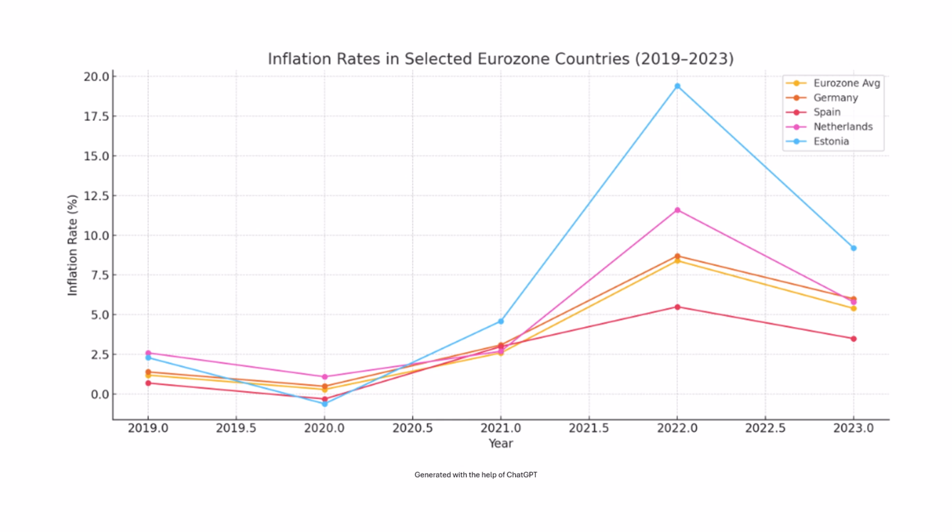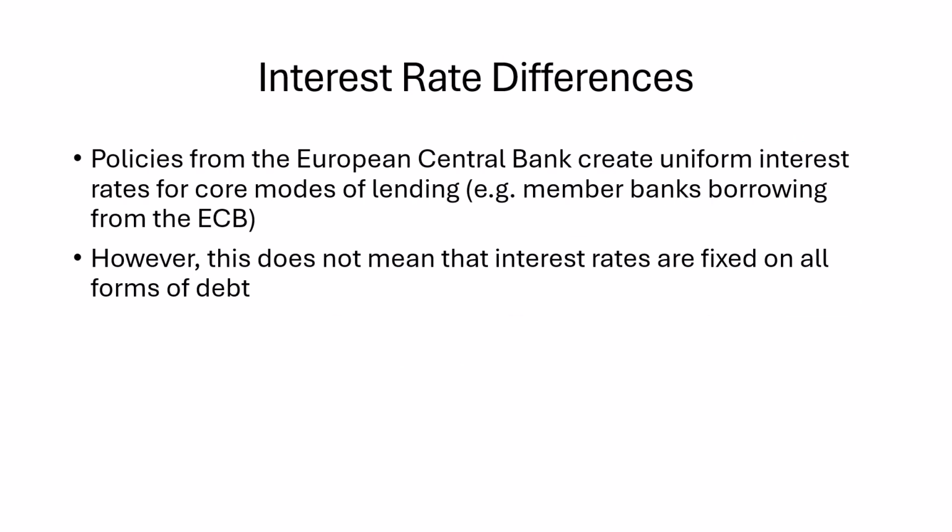So if you are Germany, a country that is very economically advanced, the goings on in other Eurozone countries can have an externality effect on your own economic well-being, which could be seen as a negative. As we will soon see in the third video of this series, which is going to go in depth on the European Central Bank, the European Central Bank does have uniform interest rates for various forms of lending.